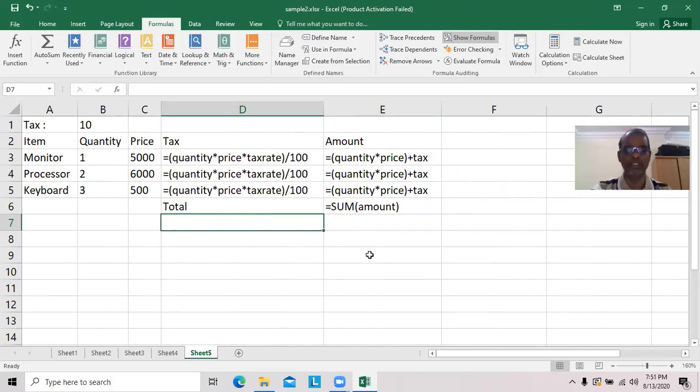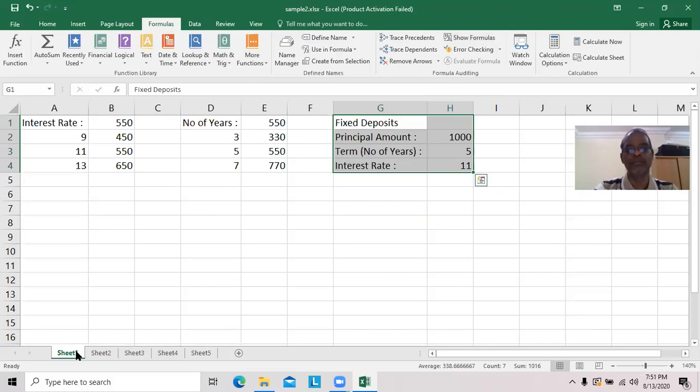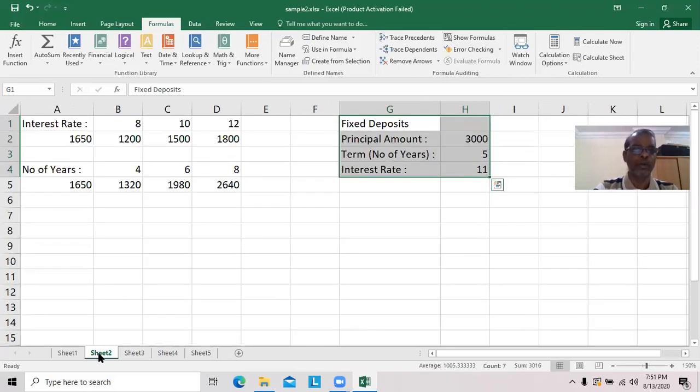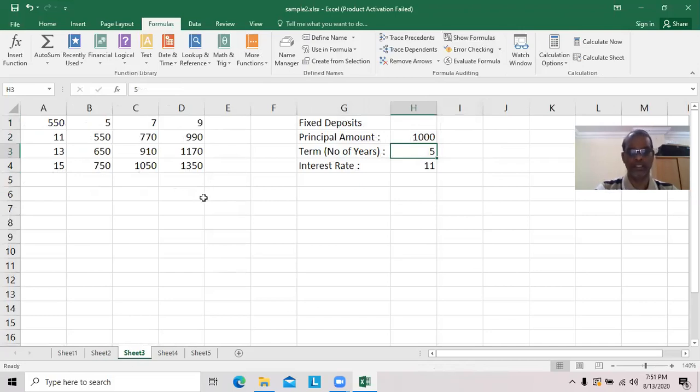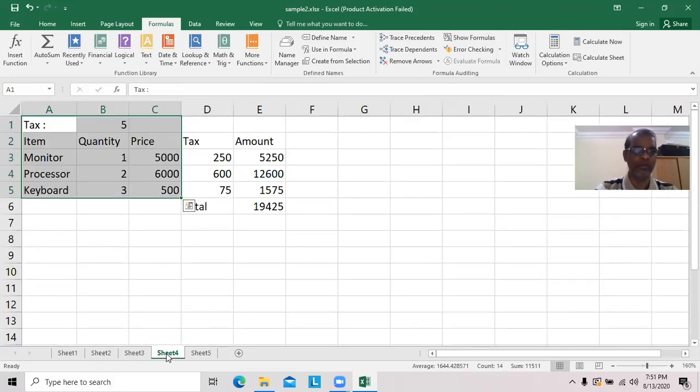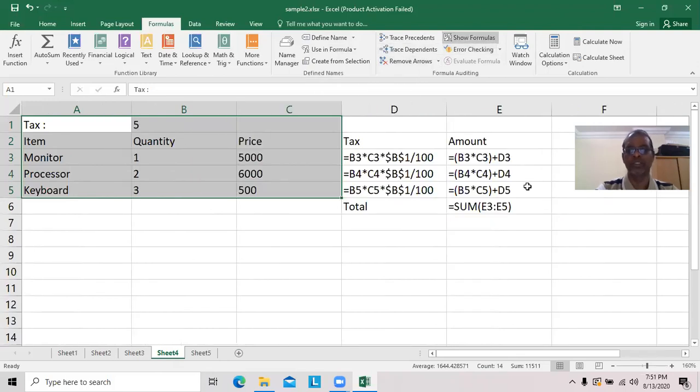Today I stopped here itself. In this lesson, we studied data tables. Two concepts are there: one variable data table and two variable data table. In the one variable data table, there is column oriented and row oriented, and then the two variable data table. Then we studied how to prepare a sales invoice with the help of formulas using cell names.